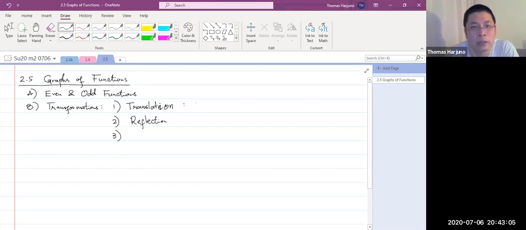This is reflection with respect to the y-axis, reflection with respect to the x-axis, or rotation with respect to the origin.